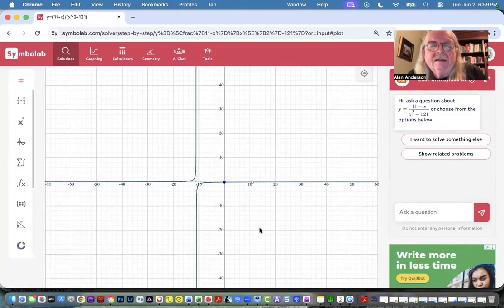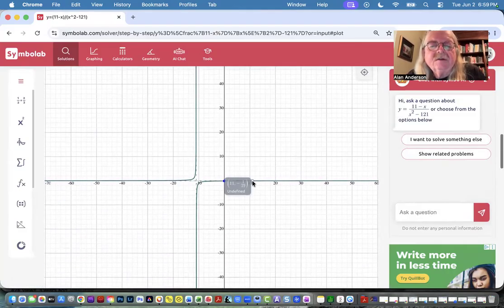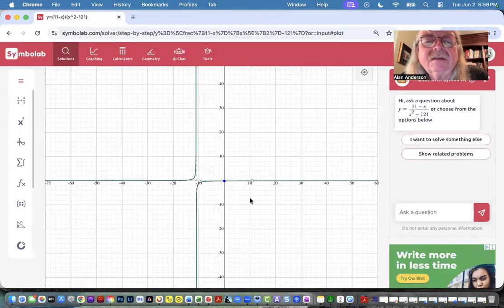Okay, now there's a discontinuity here at 11, and you can see why, because we can't have division by 0.